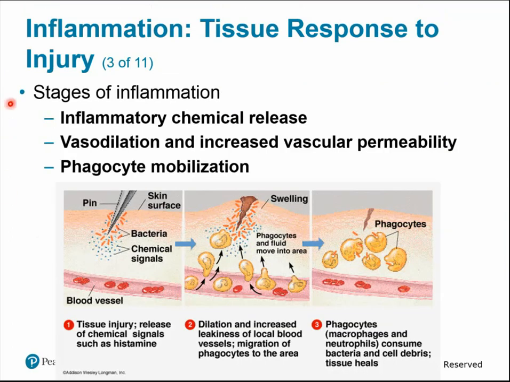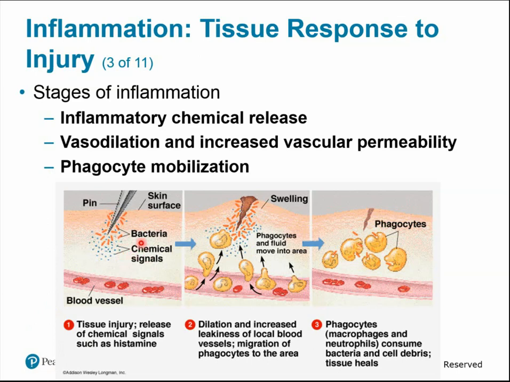The 3 stages of inflammation include inflammatory chemical release, followed by vasodilation with increased permeability, and finally phagocyte mobilization. Essentially, once the tissue becomes injured or damaged, the injured cells will release a chemical alarm, something like histamine.